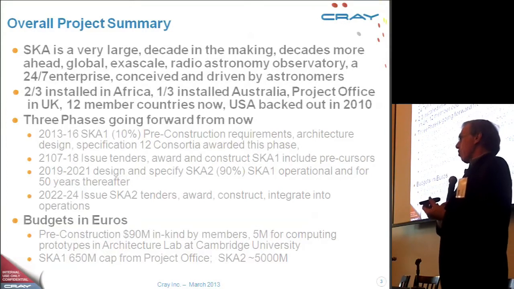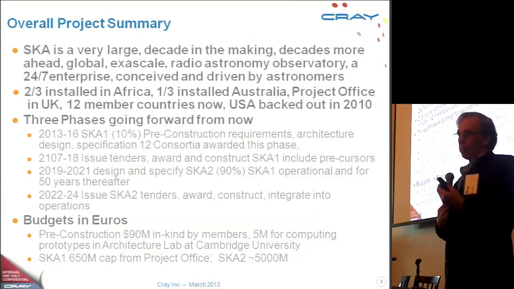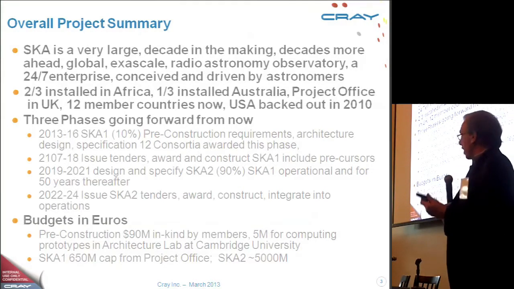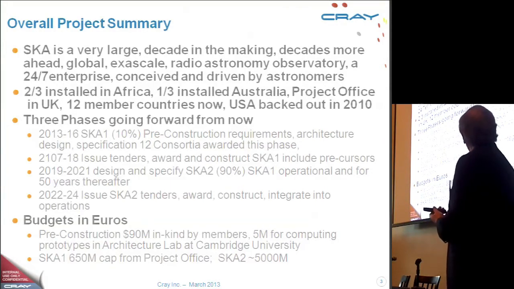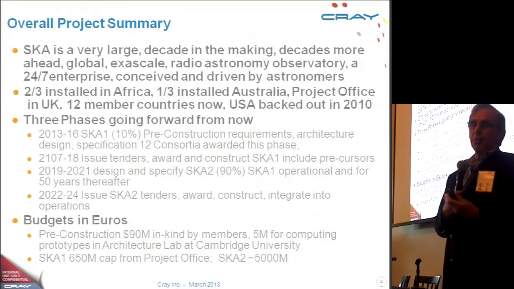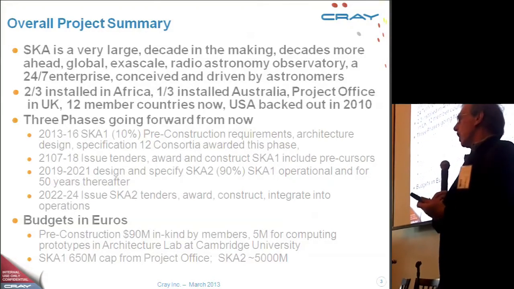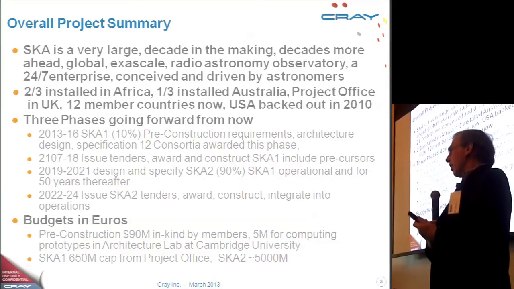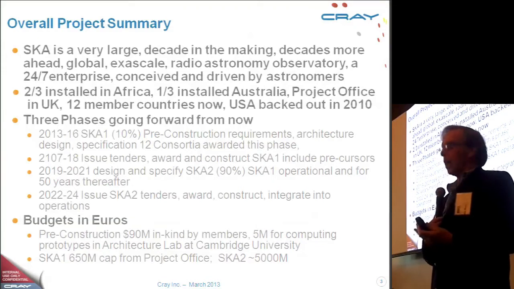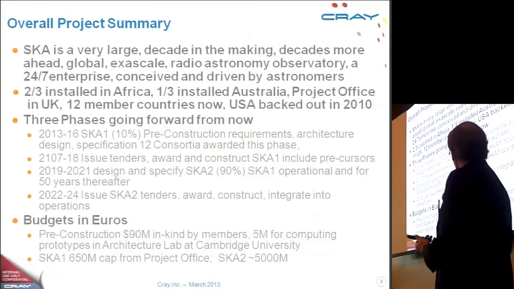Some of the infrastructure in terms of roads, power, fiber optic lines, etc. is underway, and there are 2 precursor projects, one in Australia and one in South Africa. The Australian precursor project has just started accepting signals and processing them, and the South African one will start in 2016. It's right now in construction.